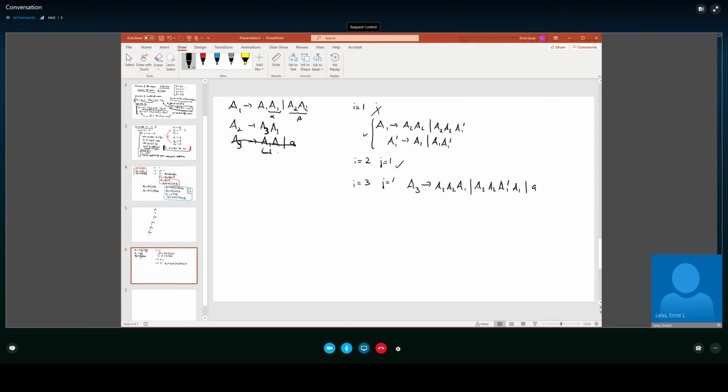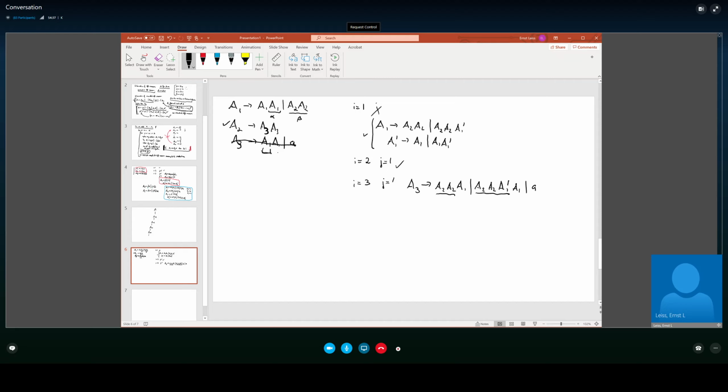The A2 is fixed, and then the A3 is I is equal to 3, j is equal to 1, so we replace the A1 by whatever we had for the A1 productions, which is A2, A2, this followed by the A1, and the A2, A2, A1 prime followed by the A1, and then of course we have the little a. So this is j is equal to 1.